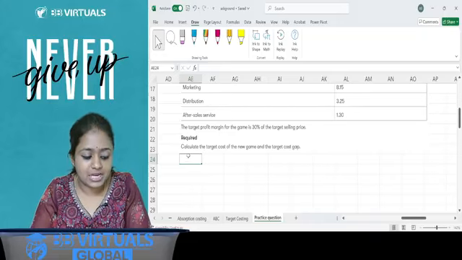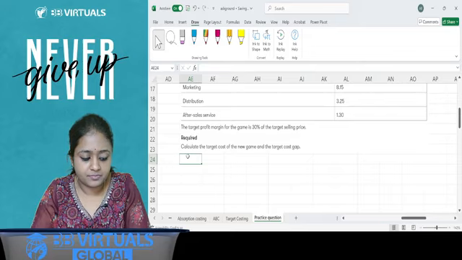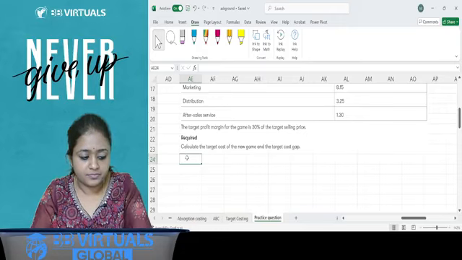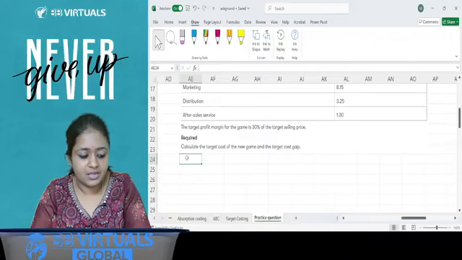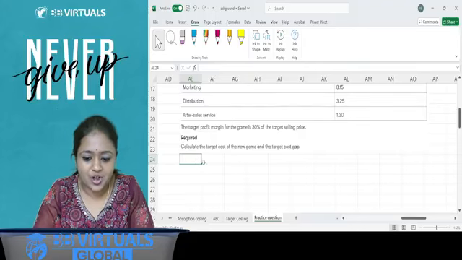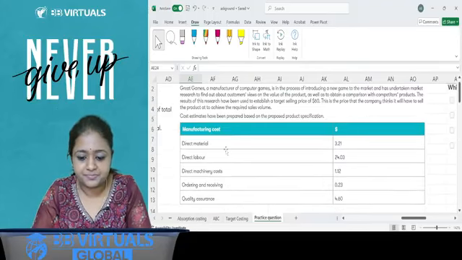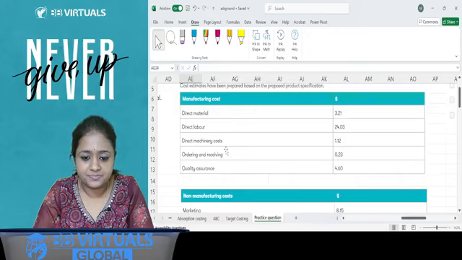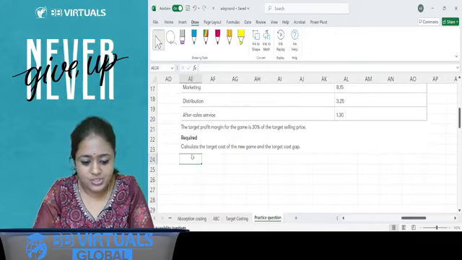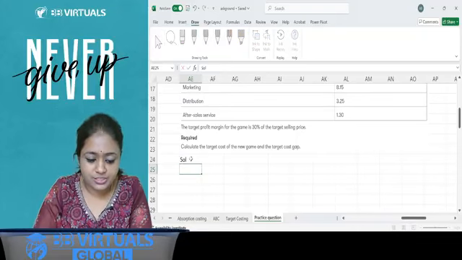What do you think is the target cost? Let's see if anybody can answer it. Guys, what is the target cost here? Okay, let's solve it. So now, solution.